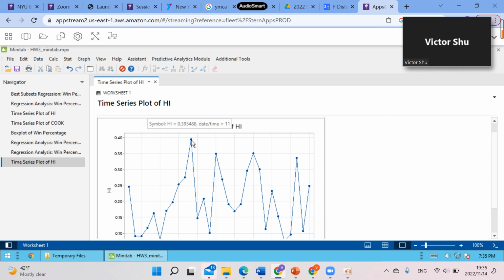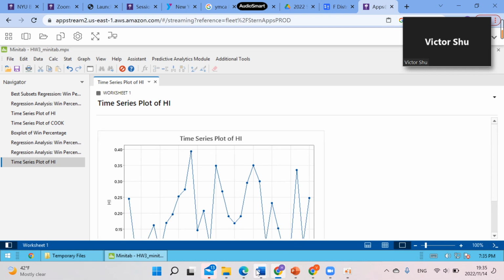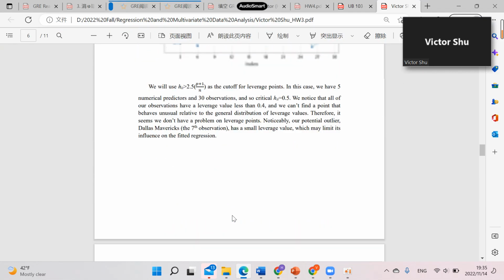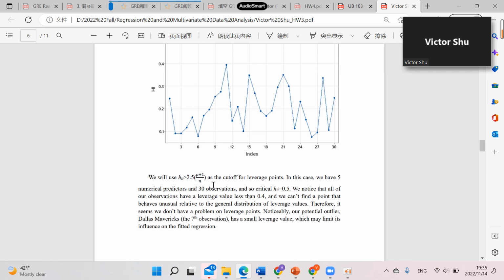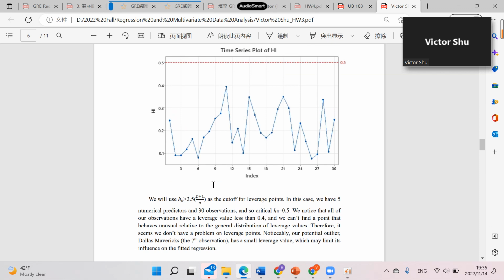It has an hii of close to 0.4, but is that high enough? Right, so there is a hypothesis test, which is if my hii is greater than 2.5. Again, I'm using 2.5. Some people use 2, some people use 3. I don't know what value Minitab uses, but my answer here agrees with Minitab.